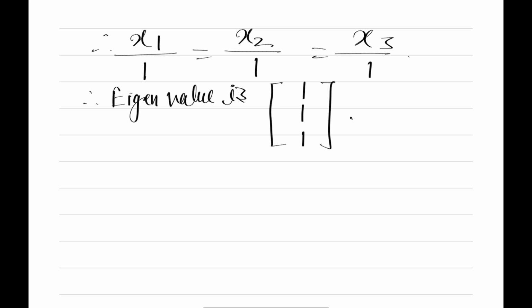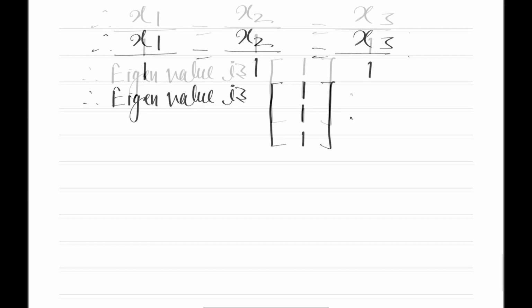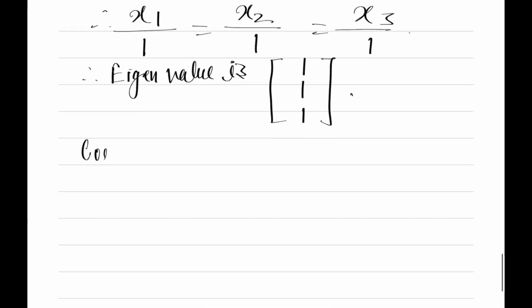That's why if all eigenvalues are distinct, we can give the conclusion, but for repeated eigenvalues we cannot. Correct option is option C.